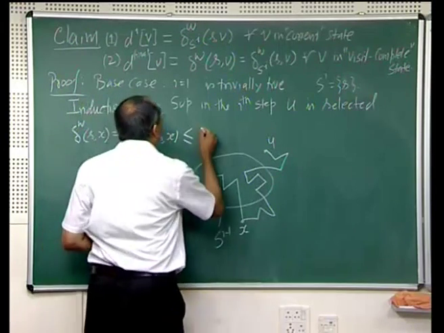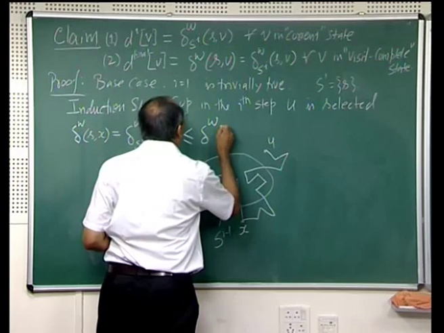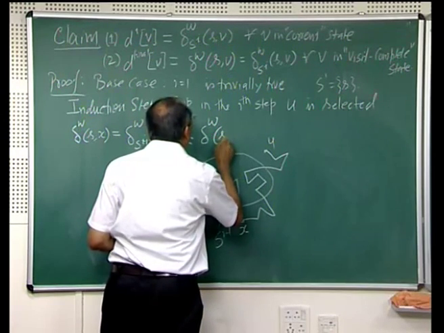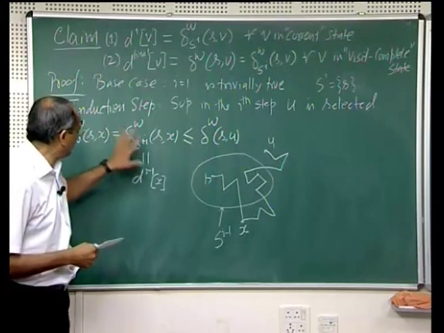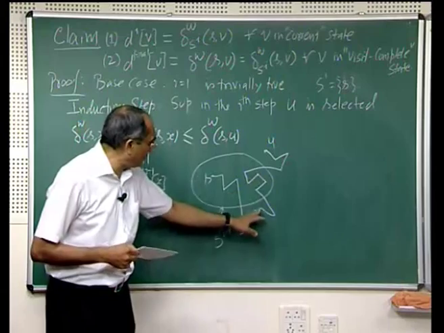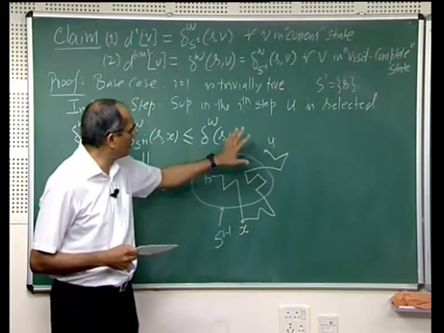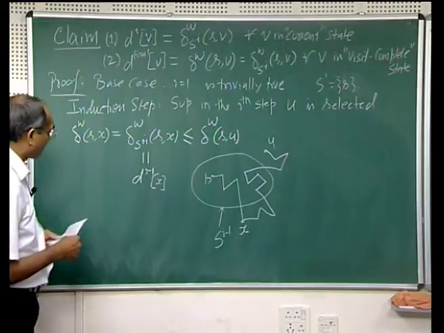So, the delta w of S u must be less than or equal to this value, because it goes further. Maybe the weights are 0 here, so they could be equal, but that is about all.